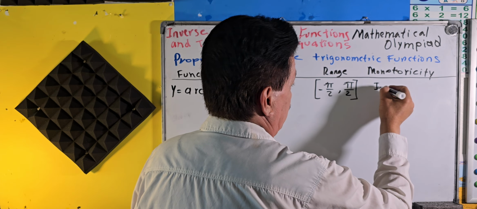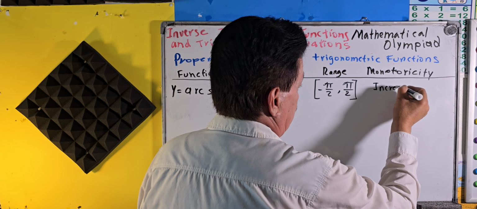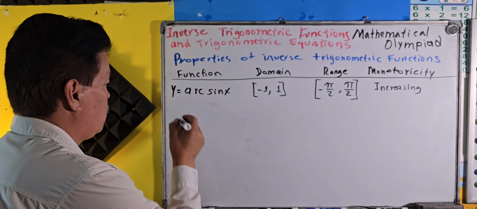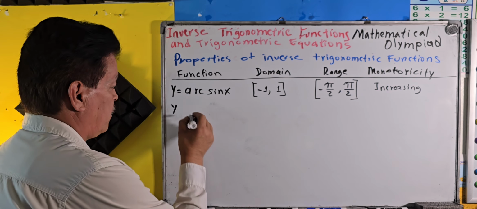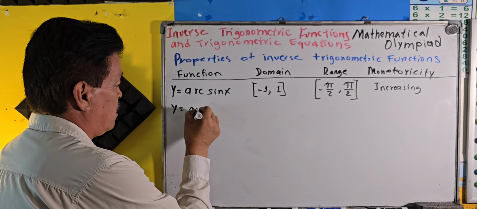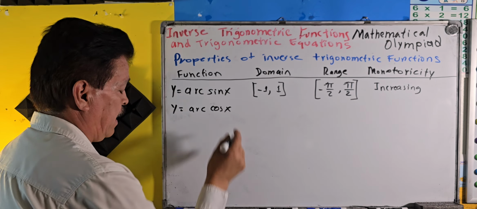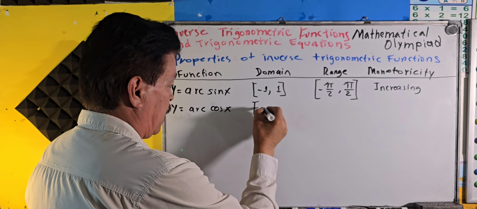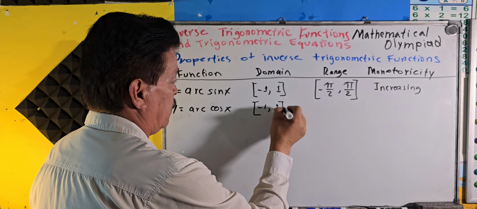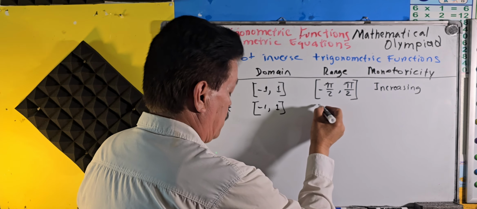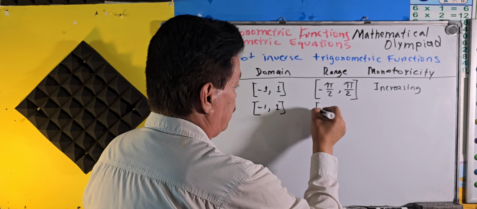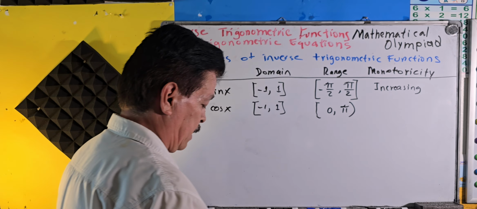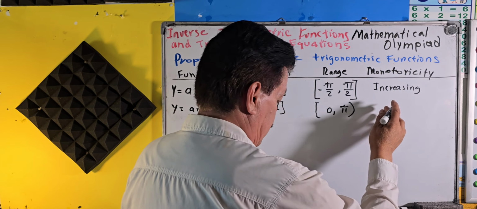Here, the monotonicity is increasing. Number 2, we have y equals arccosine x. The domain is -1 and 1, and the range is 0, pi. All right, this is decreasing.